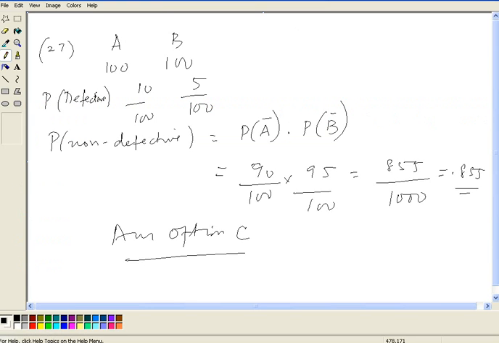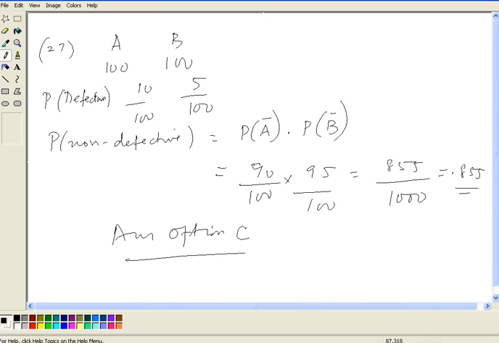Let us take the first sample A having 100 items and the second sample B with 100 items. The probability of selecting a defective from the first set A is 10% or 10 by 100, and in the second set B with 100 items there is 5% defectiveness, that is 5 by 100.